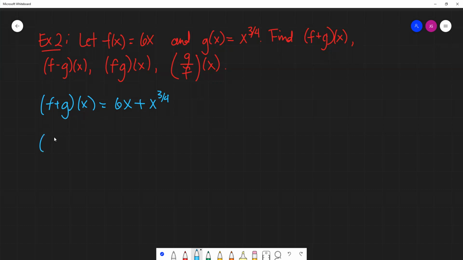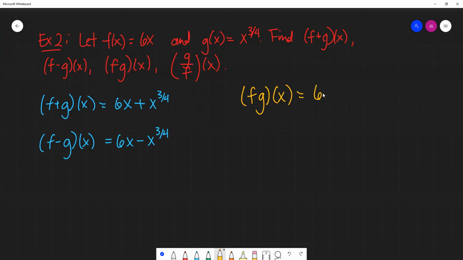Same thing with the subtraction function. That one is even easier, or just as easy. 6x minus x to the 3/4. Cool. Forgot to change color there, but that's okay. Let's do the multiplication function. Here's where we can actually do a little bit more. We have 6x times x to the 3/4. Okay, so the 6 is not like x and x to the 3/4, so the 6 is just going to carry down. But x times x to the 3/4, I can use my exponent properties.